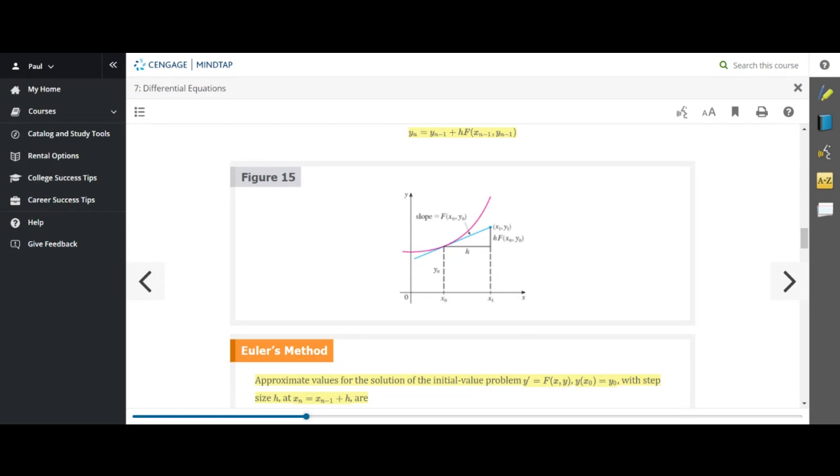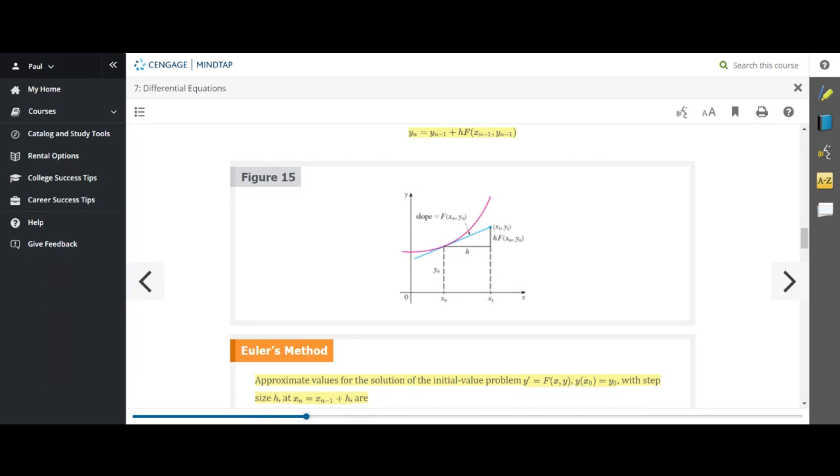If we want to estimate our solution to the differential equation when the value of x is x1, what would y1 equal? Well, we can compute the derivative at the point x sub 0, y sub 0. And the derivative is the slope of the tangent line at that point. So you see there, they draw the blue tangent line out a distance h away from the initial point x sub 0 out to x1.